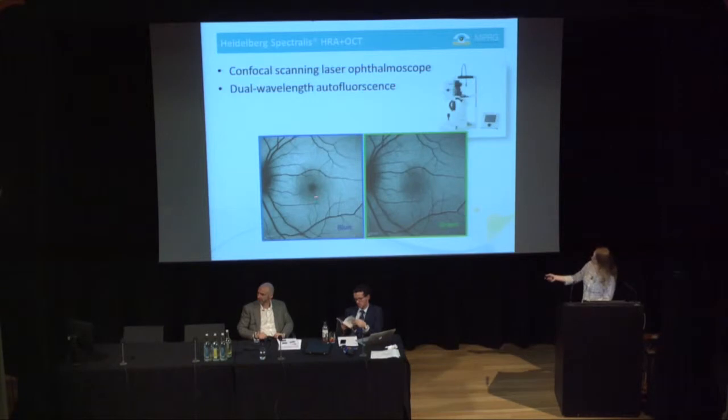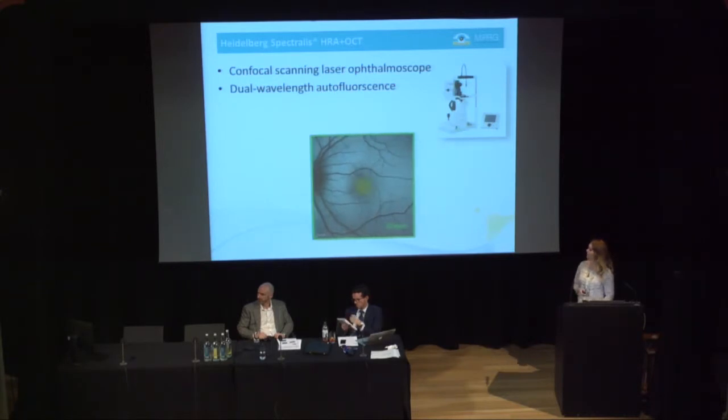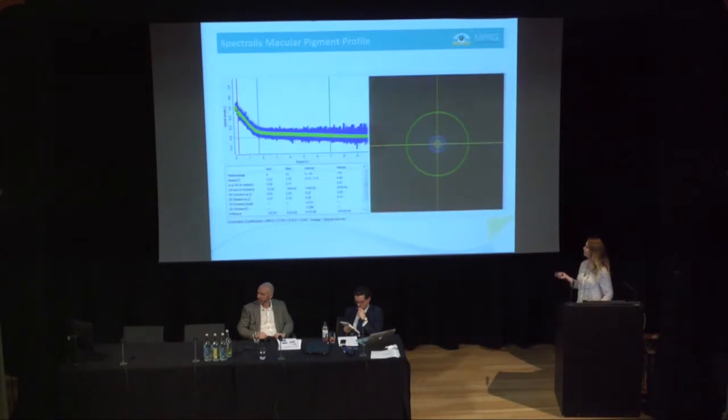And then you can see here, we have this dark spot in the middle. That's where the macular pigment's located. Then you can subtract the 2 images, and you get the amount of macular pigment you have in your eye. And this is what the output of that device looks like. You can see you get a full spatial profile across the retina.